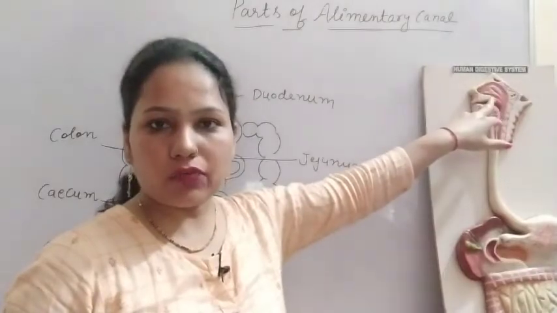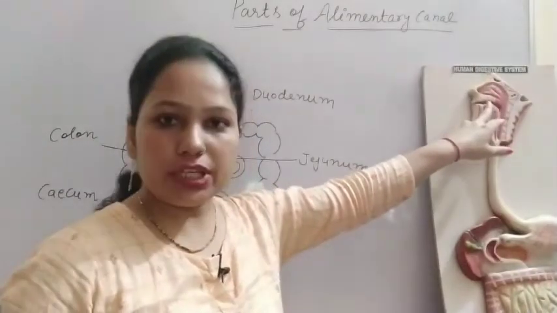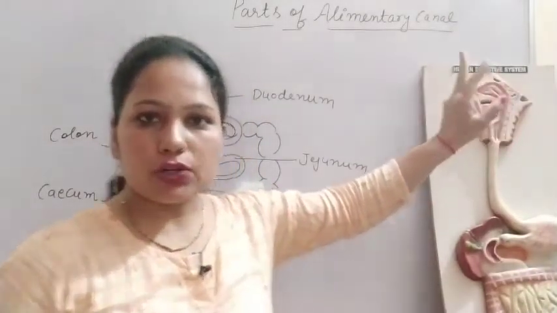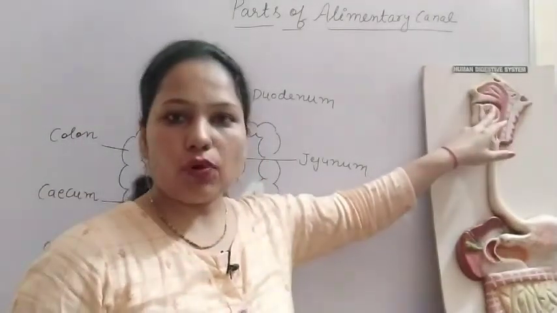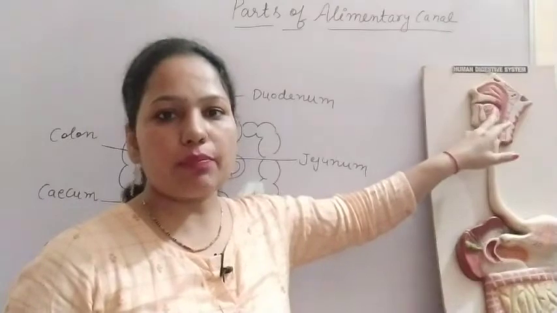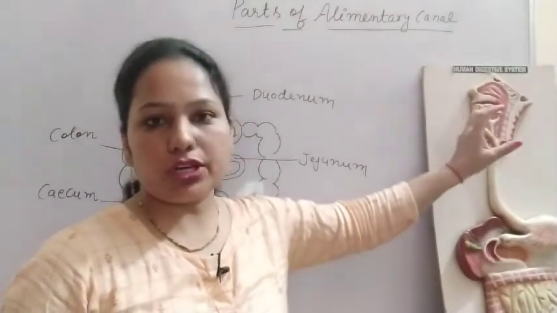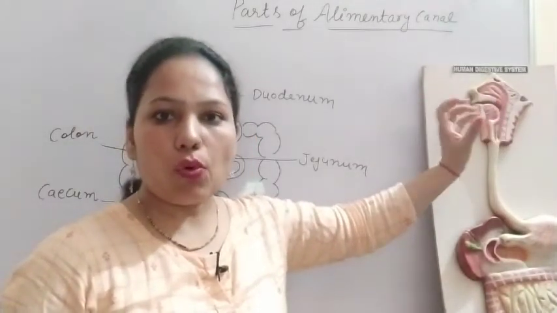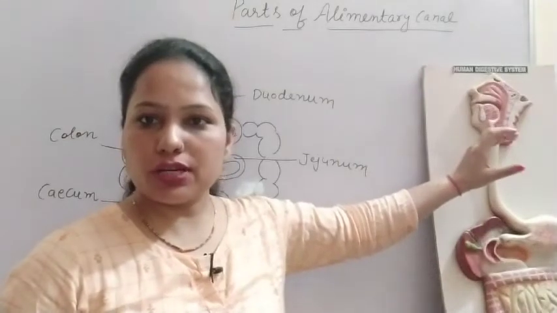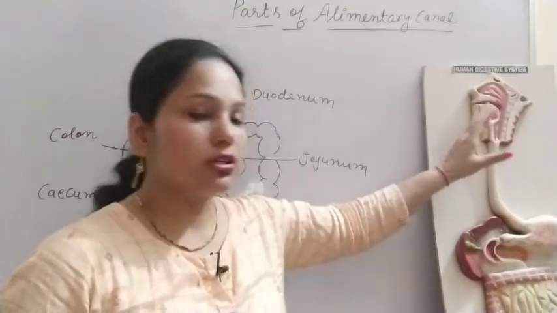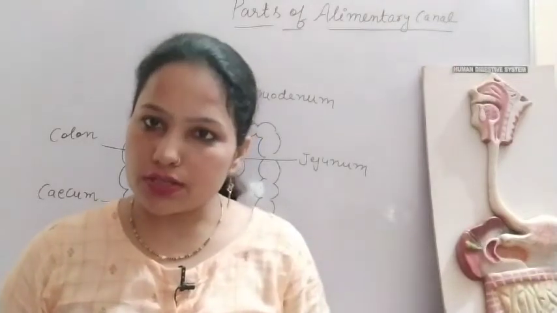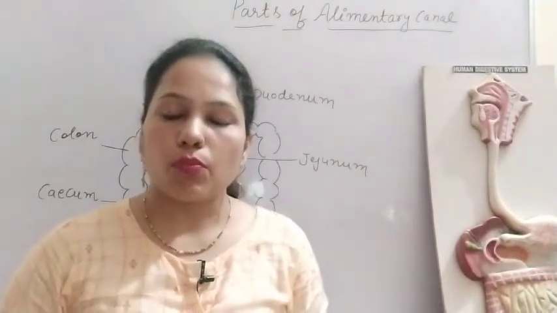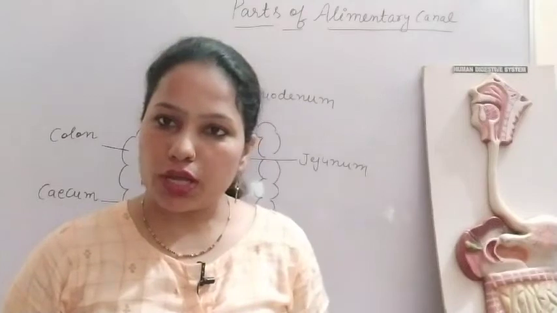In the oral cavity, different types of teeth are present, and two types of teeth, milk and permanent. These teeth are present inside the sockets of the jawbone, and this type of arrangement is known as thecodont. Heterodont means different types of teeth: incisors, canines, molars, premolars.